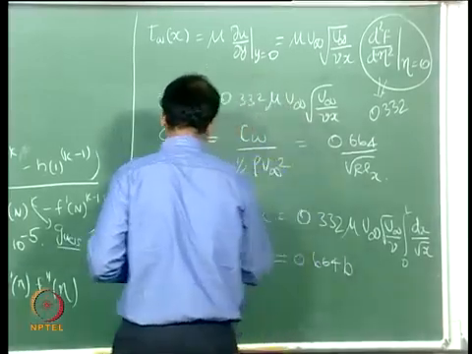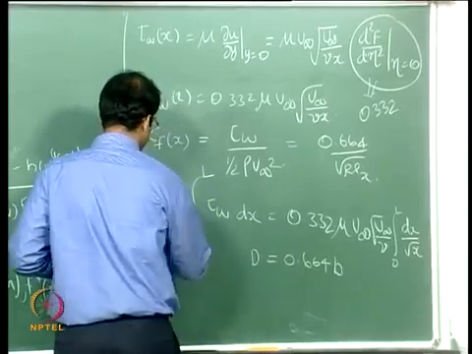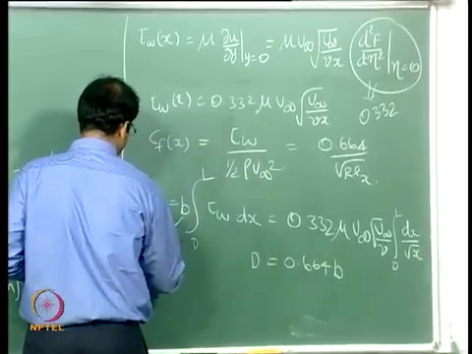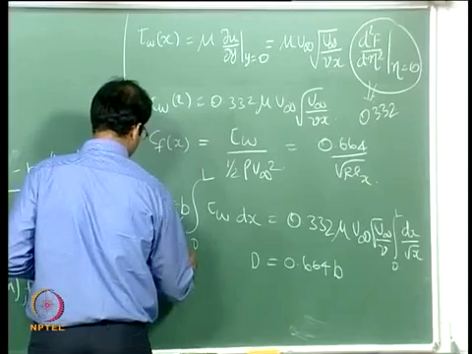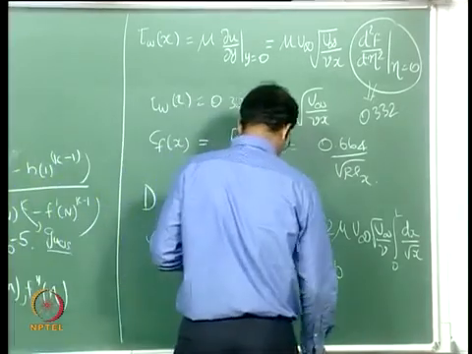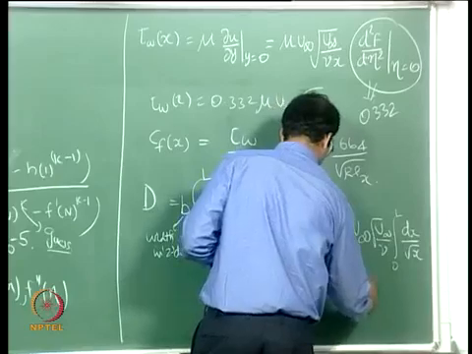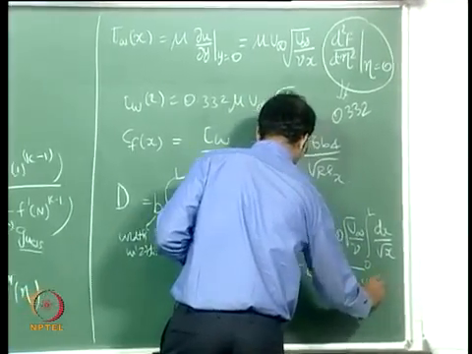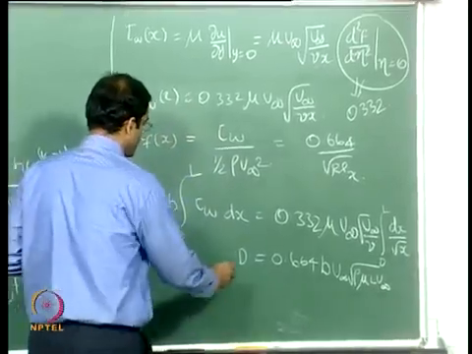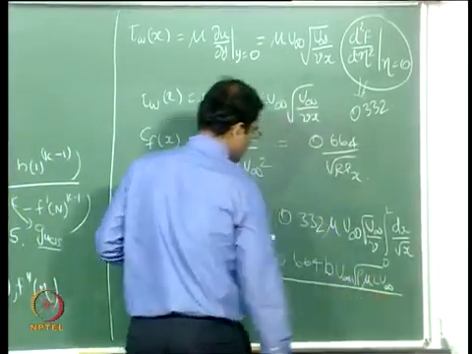If I assume a width of B, this is the width in the third direction perpendicular to the board. Okay, so this gives me the expression for the drag force.